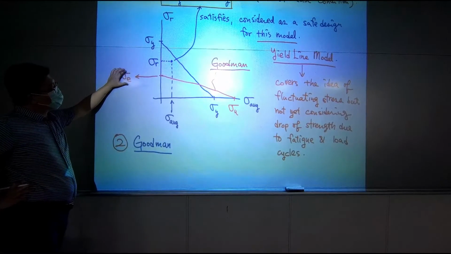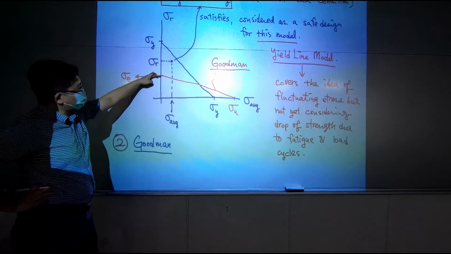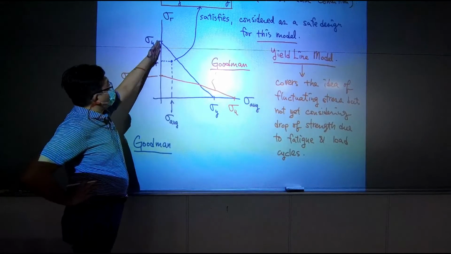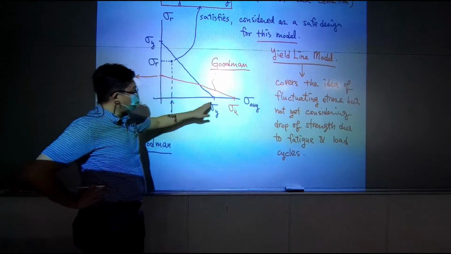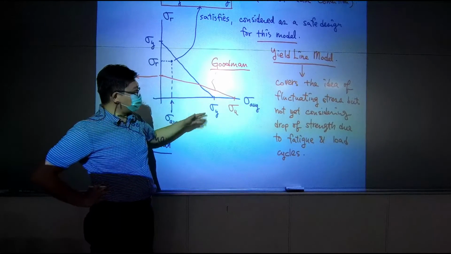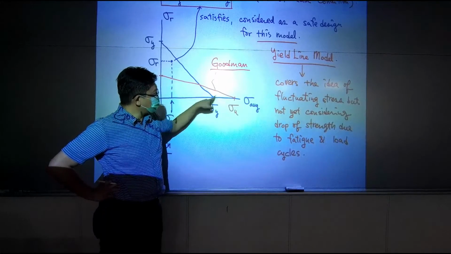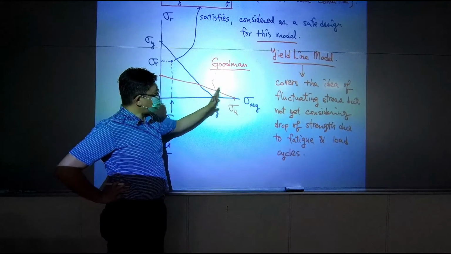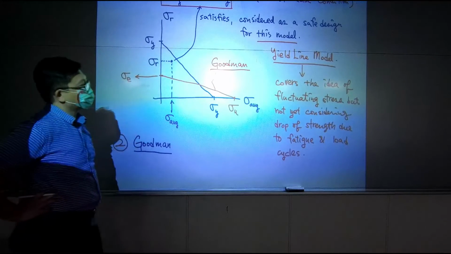Goodman utilized the endurance limit as the upper limit for range sigma, but he allowed more freedom along the average sigma. So he allowed this average sigma to be as large as your ultimate strength. Okay?